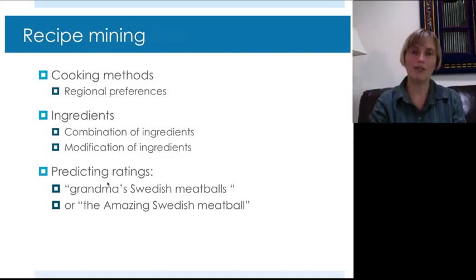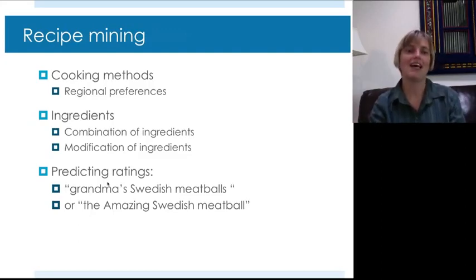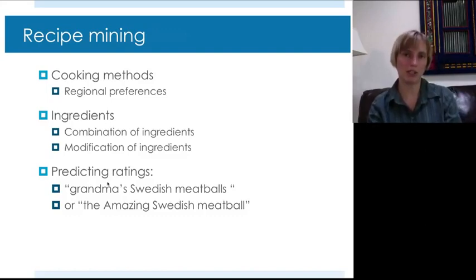So out of all this data, we extracted the cooking methods. That is, are you going to boil it? Are you going to grill it? Are you going to chop it? The ingredients, what ingredients are together in the original recipe, and what modifications are suggested in the reviews.